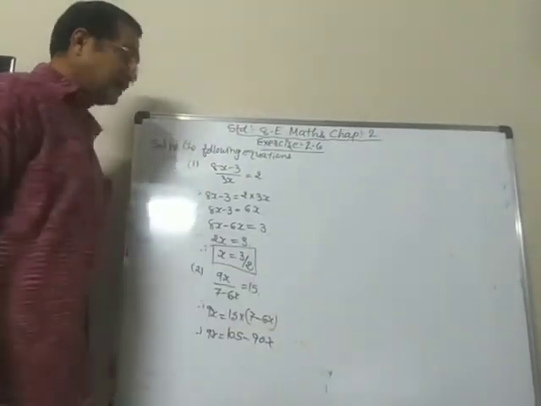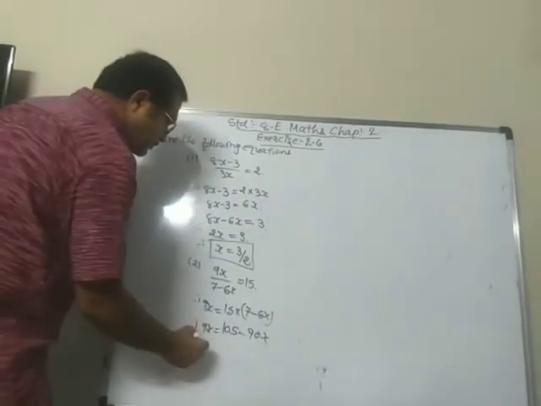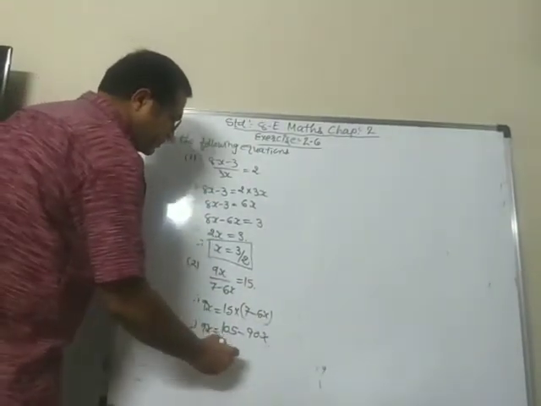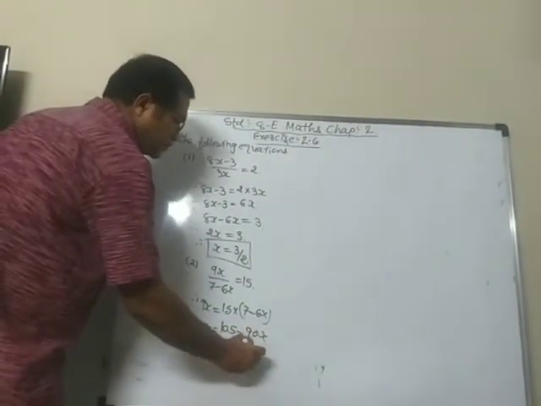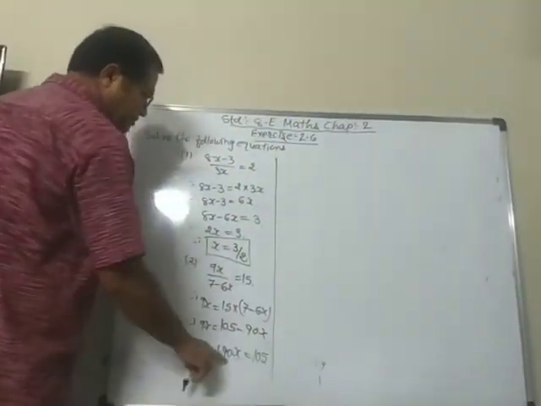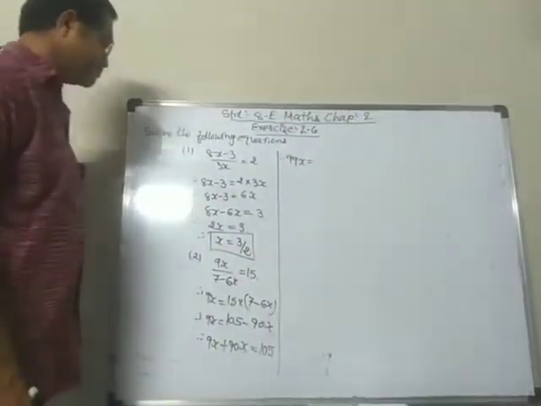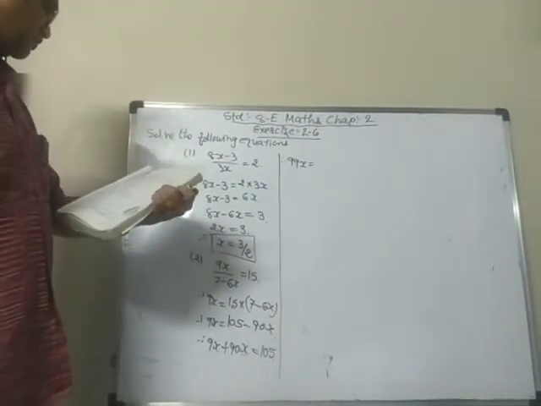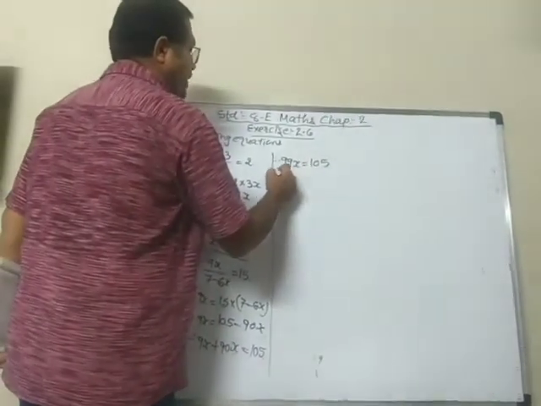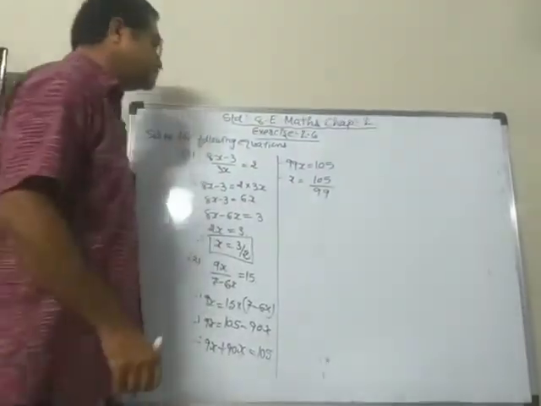Now we bring the x containing term this side, and therefore what will be here? 9x plus 90x, since minus 90x becomes plus 90x if it comes this side, is equal to 105. So what did we get here? 9x plus 90x is 99x. 99x is equal to 105. So x is equal to 105 upon 99.